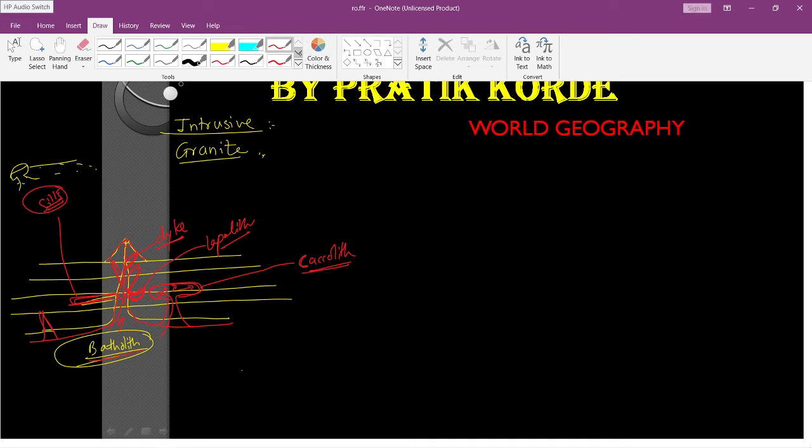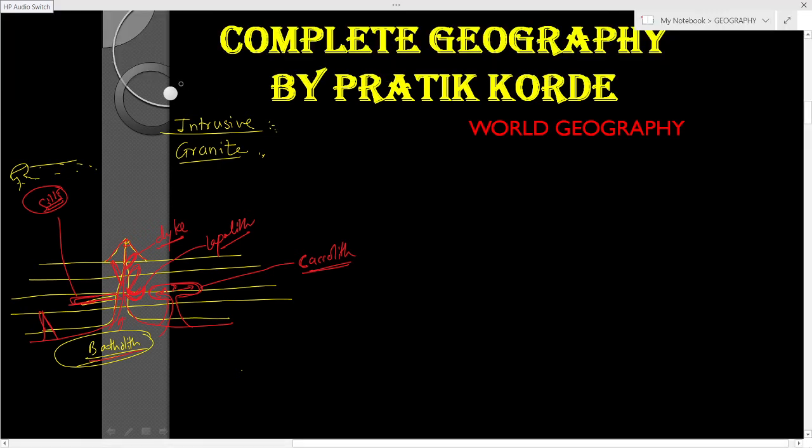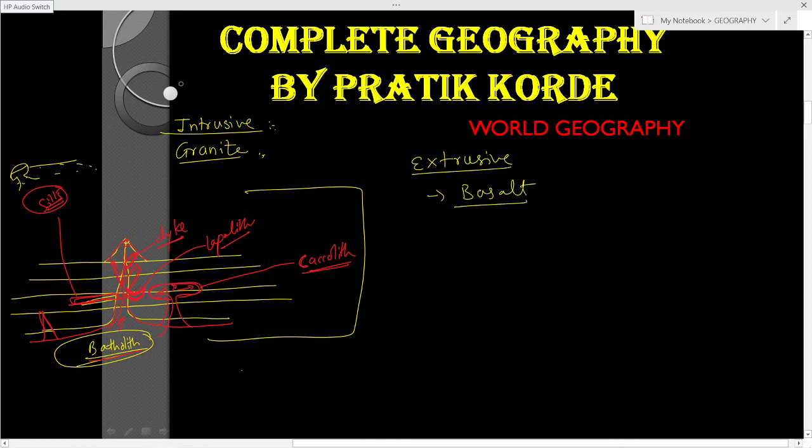Now, this is all about the terminologies which are used. Now as far as the extrusive rocks are concerned, because we have talked about the intrusive ones, the shining example is the basalt plain, Deccan Trap. Alright, so this is the example.